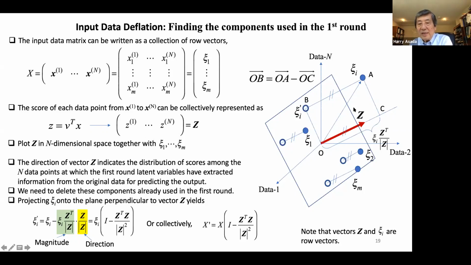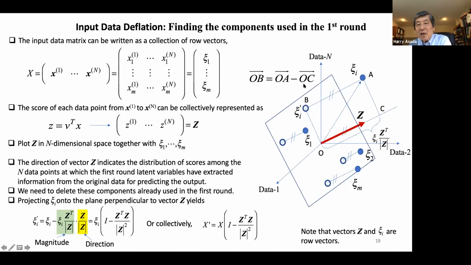Now, what we can do is to project this one onto this. So first, look at this vector Ci. What we'd like to do is to find this component, right? So vector OB is obviously vector OA minus vector OC.